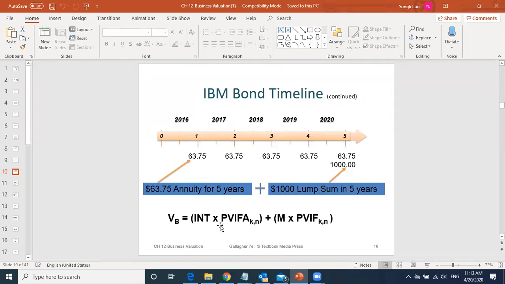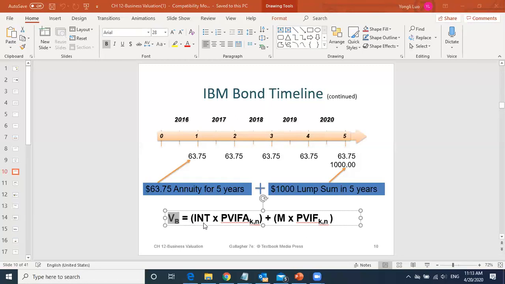So basically the value of the bond is the coupon, the interest you receive, times the present value of an ordinary annuity, plus M, the par value or face value, times the present value of a lump sum. So it has 2 parts.